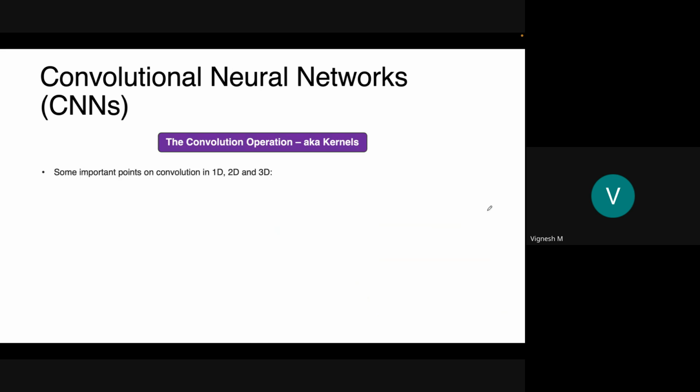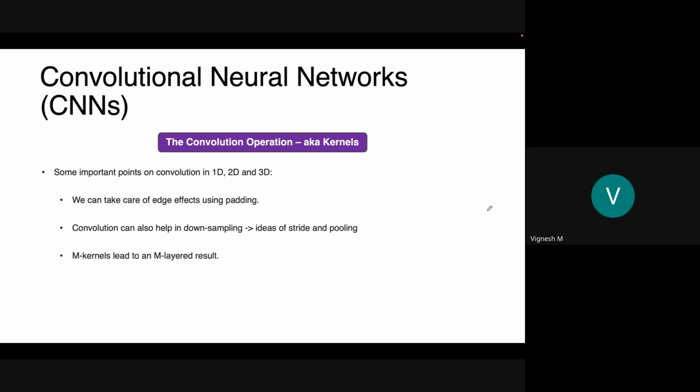All right. So just to reiterate some of the important points here. We can take care of the edge effects using padding. We will discuss padding a little bit, and talk about stride and pooling a little bit later. But the idea is M kernels lead to an M-layered result, irrespective of whether it's 2D or 3D.